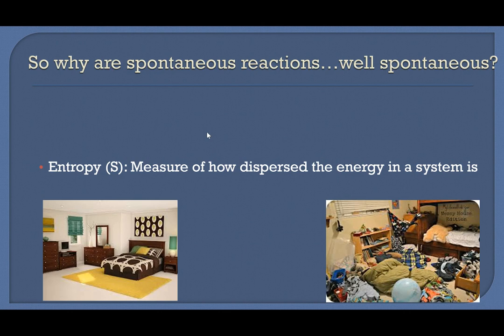You've got your bedroom or your dorm room, whatever it is. You move into that dorm room and a month goes by. Does your room spontaneously get cleaner, or does it spontaneously get messier? Yeah, it gets messier, right?